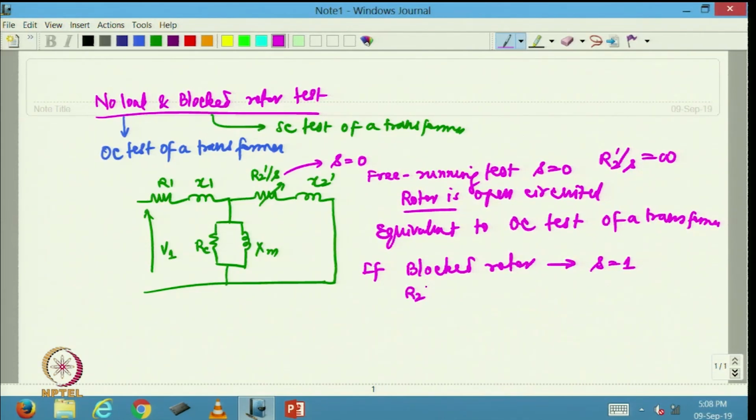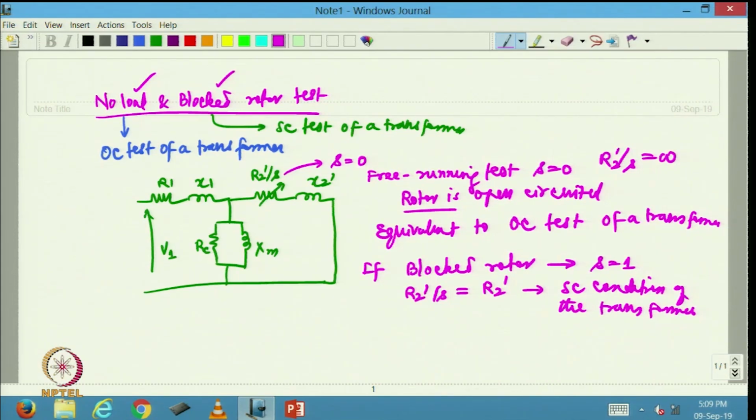So, R2 dash by S becomes basically equal to R2 dash itself, which is very clearly the normal short circuit condition of the induction motor. So, it is equivalent to short circuit condition of the transformer as well. So, please realize that the no load test corresponds to open circuit test of a transformer and block rotor test is equivalent to short circuit test of a transformer.